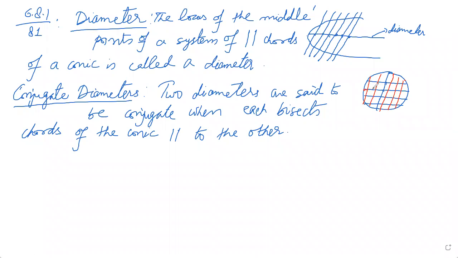So suppose this line is coming like this. So this line is the locus of the middle point of the chord parallel to this diameter, and this is the locus of the middle point of the chord, this. So these two diameters, one diameter is the locus of the middle point of the other's chords.